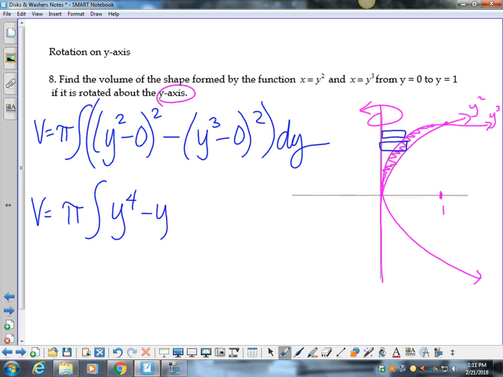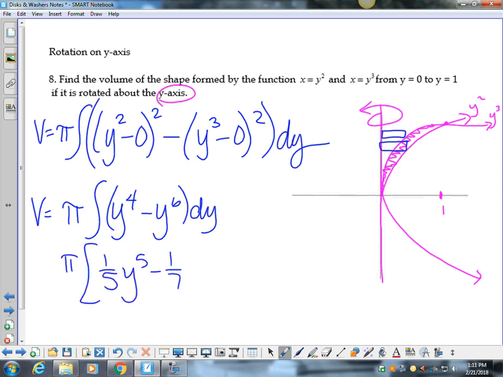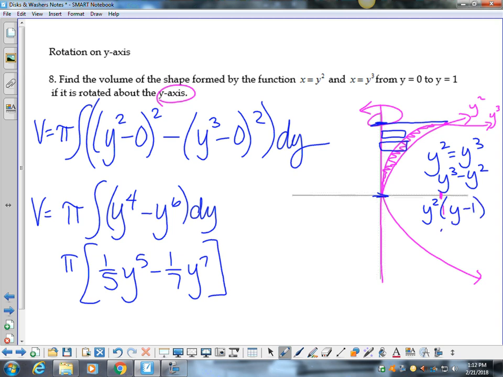Y to the 4th minus y to the 6th dy. 1/5 y to the 5th minus 1/7 y to the 7th from, I don't know what from. Here to here. So if I set y squared equal to y cubed, looks like it's going to be 0 and 1.